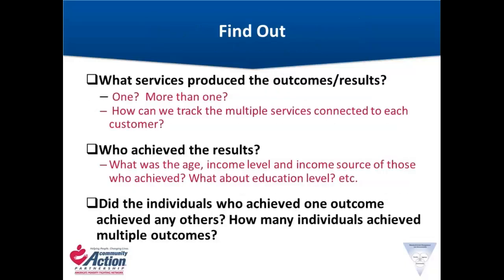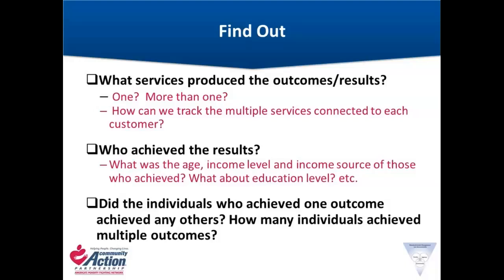So look more closely at a couple of the questions. What services produce the outcome or the results? This is that big picture thinking. And again, as Fred just said, where the results of one program carried over into additional results from additional programs. Are we tracking the connection that these multiple services for customers are making and the outcomes that they're producing?